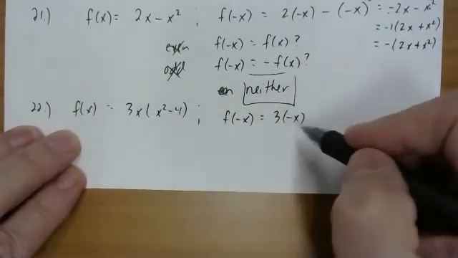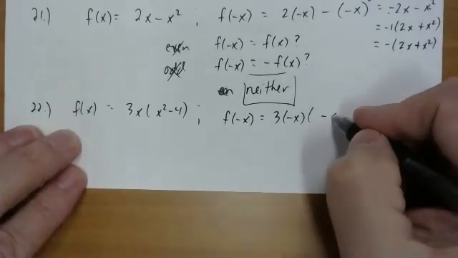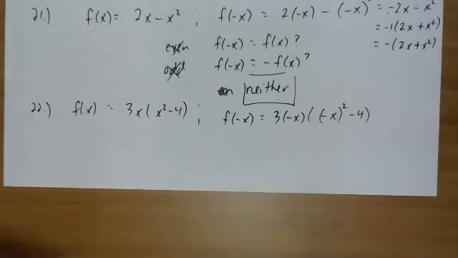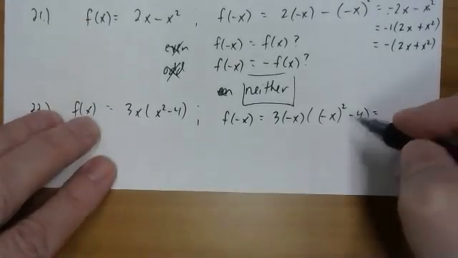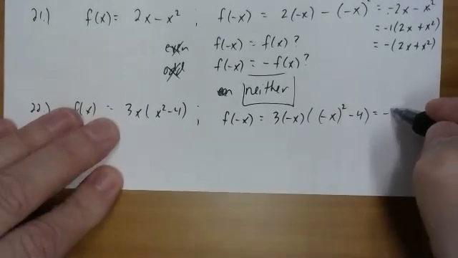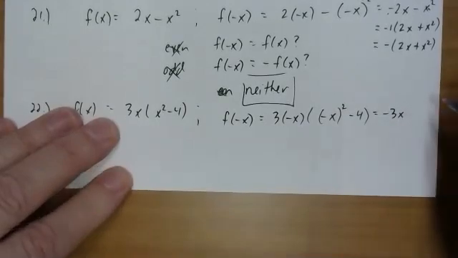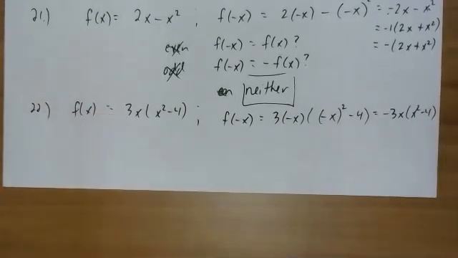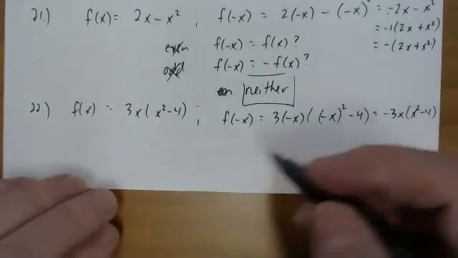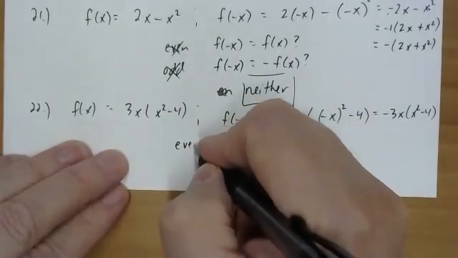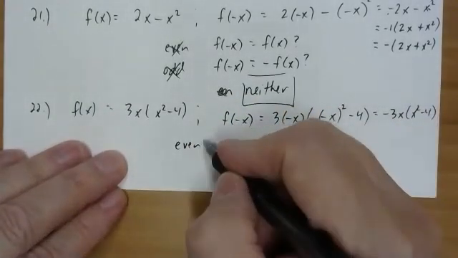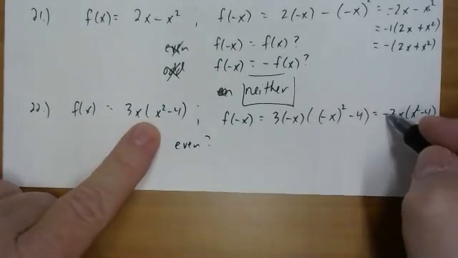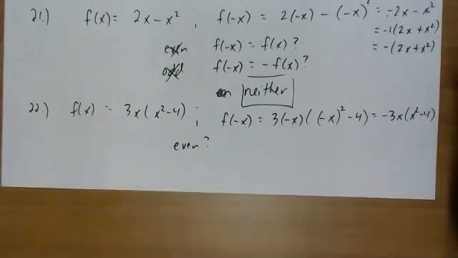So 3x becomes 3 times negative x, and then negative x squared minus 4. So it looks like this is going to be negative 3x times x squared minus 4. For even, does this f of negative x equal the original function? Well, once again, it's close, but this was negative, so no.